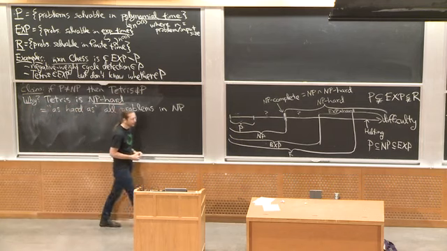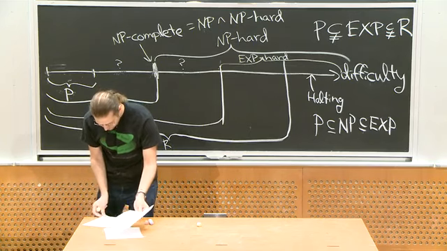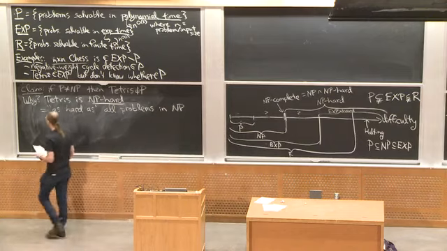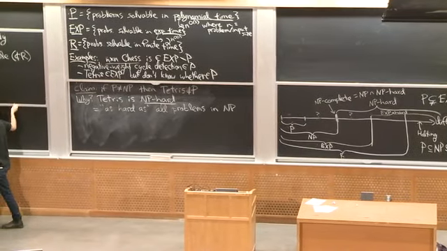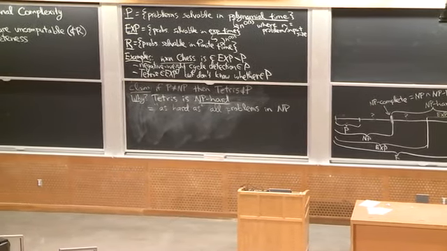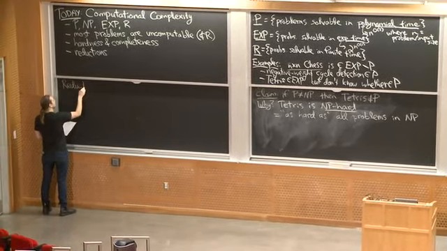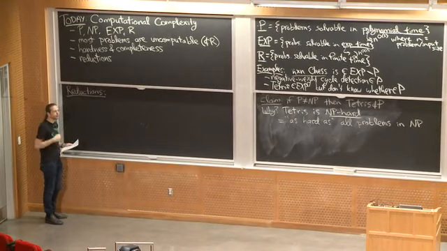OK. What does as hard as mean? This is our good friend reductions. We talked about reductions a lot in this class. Reductions are the easy way to use algorithms. You just take your problem and you reduce it to a problem you already know how to solve.